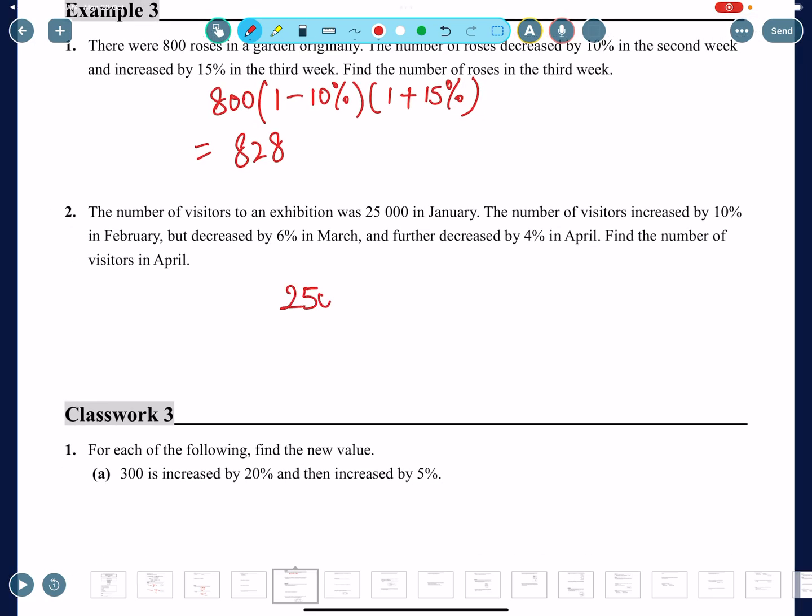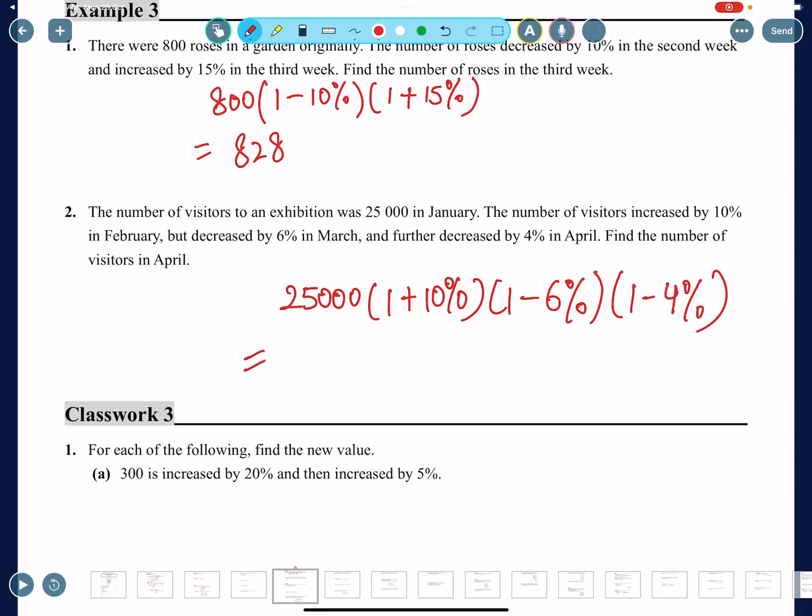And the last one here, 25K in January, increased by 10% in February, but decreases afterwards, and then further decreases afterwards. So finally, what's the value going to be? You can actually do this to calculate your marks. So whatever marks you got in your UT, if you want to increase it by 10%, you can calculate that.